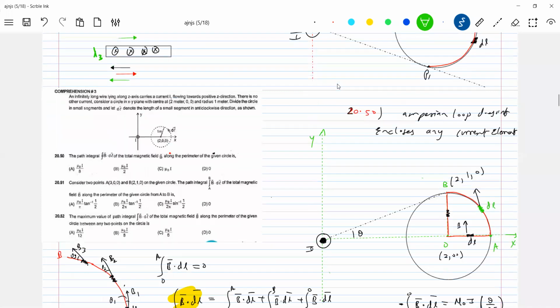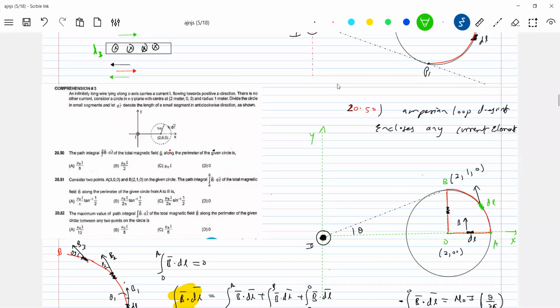This what, no? How much will it link here? Theta by 2 pi. How much will it link? So that will be 1 by 8 of that one.